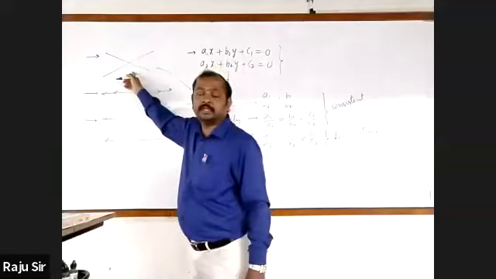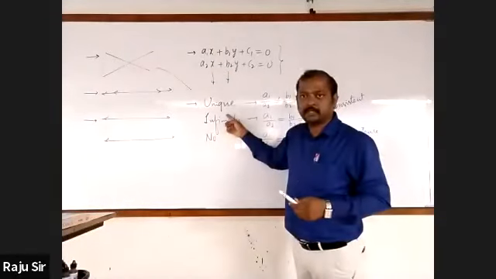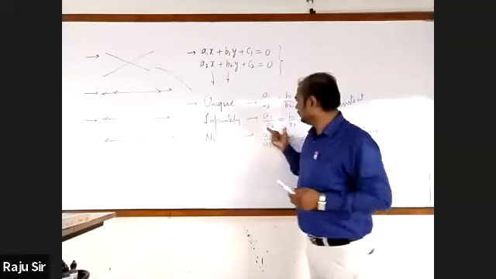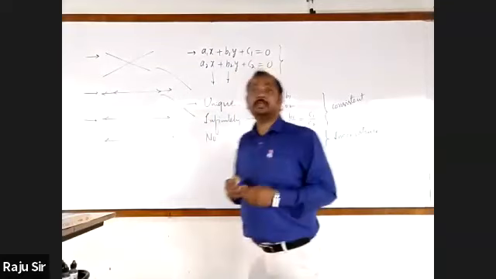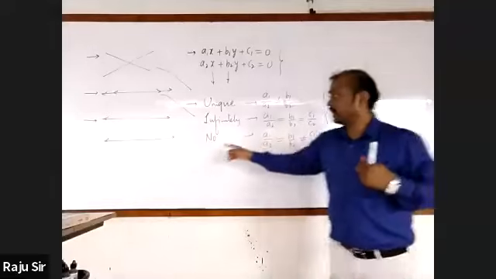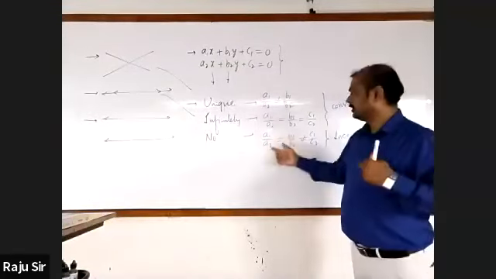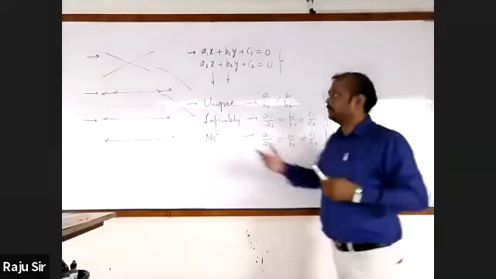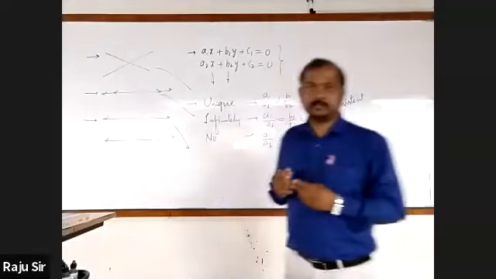If the given equations have infinitely many solutions, that is, if this condition holds good, the lines will coincide with each other. If the given equations have no solution, that is, if the third condition is satisfied, the lines will be parallel to each other.